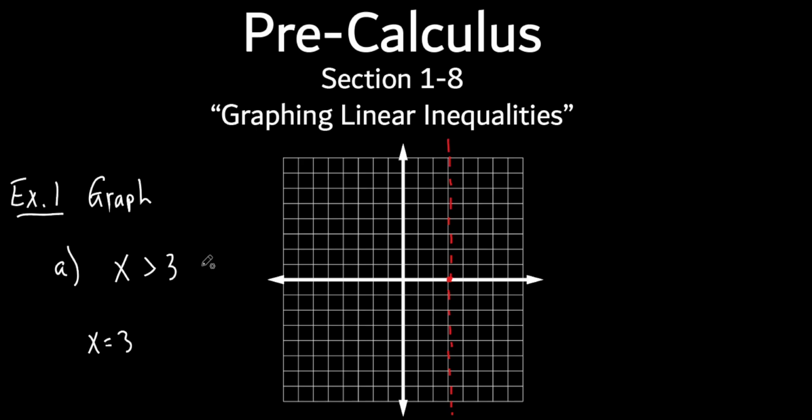Now the y could be anything, right? But the x's have to be greater than 3. So anything over here, anything in this area, right? That's greater than 3. That's greater than 3. Would you agree? And it doesn't matter what the y is. The y could be anything. So what we're going to do is we're going to shade. So that means that any points on that side of that dotted line works for this.